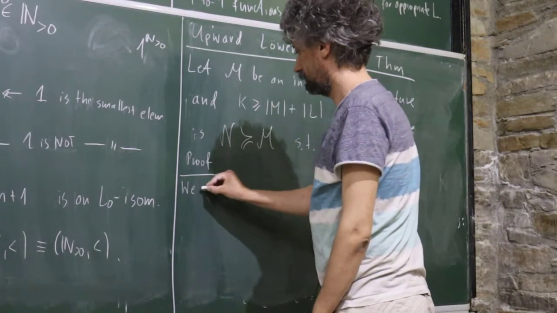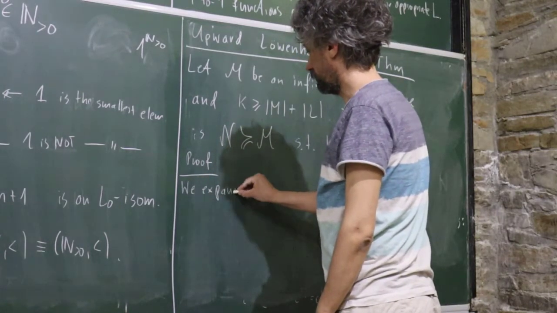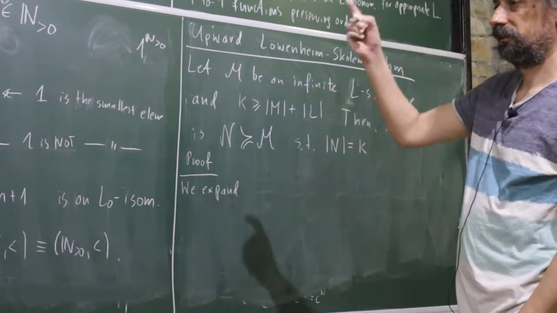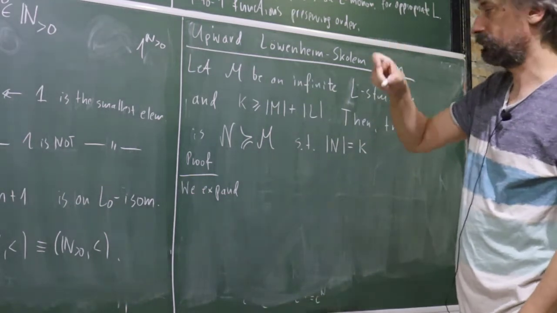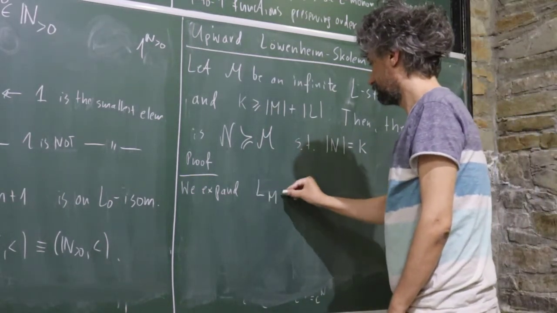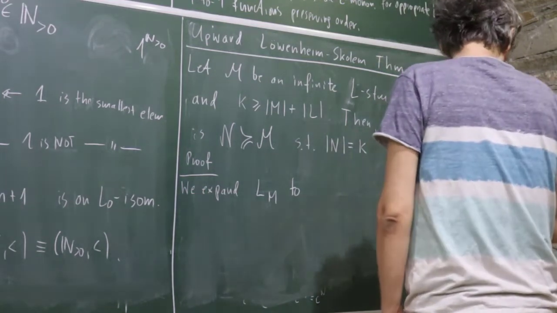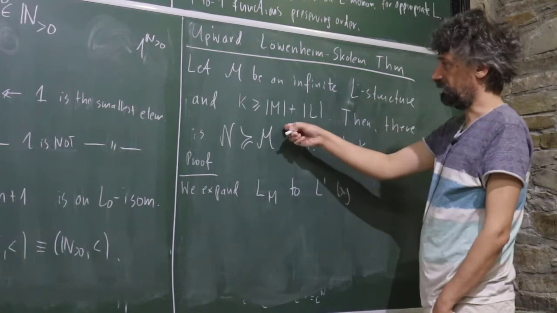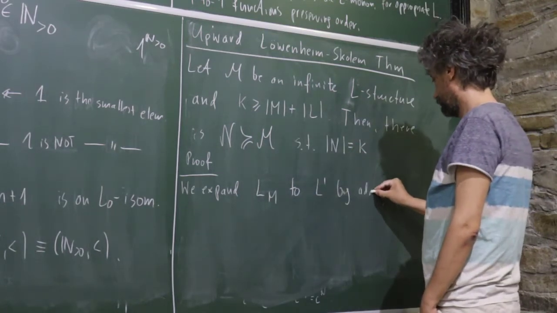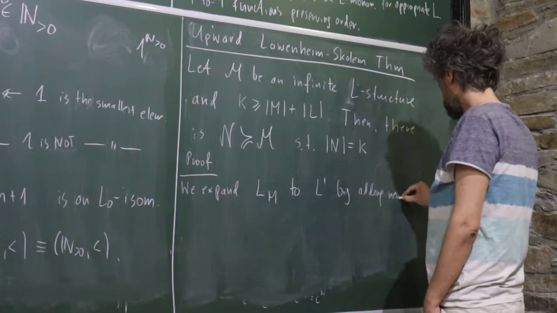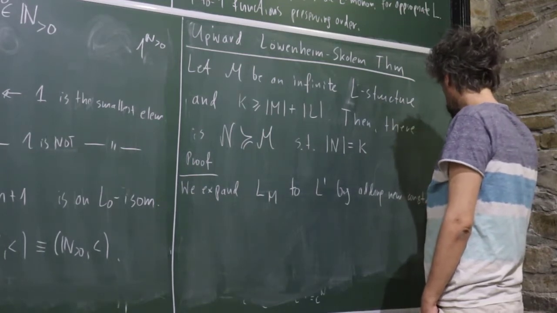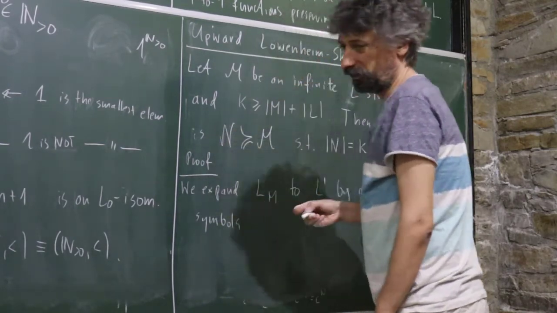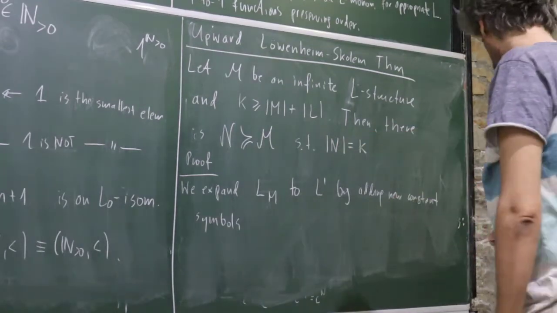So we work in some language even bigger, the language L expanded with constants from M, to L prime, by adding kappa new constant symbols, some constant symbols which were not already there.